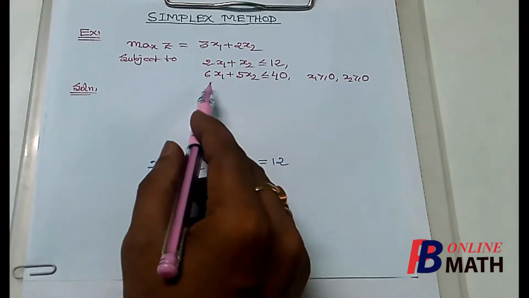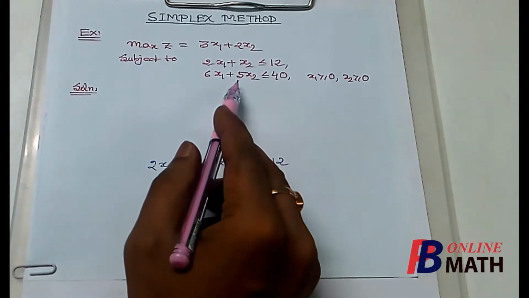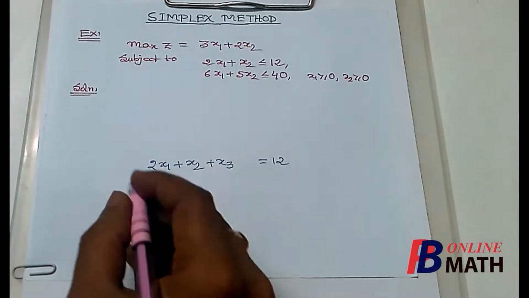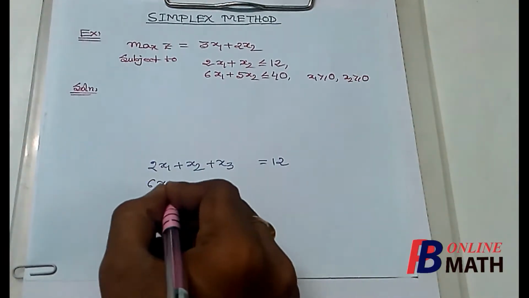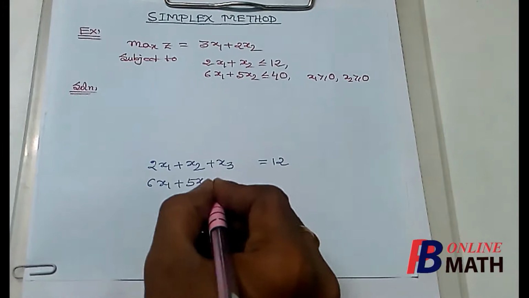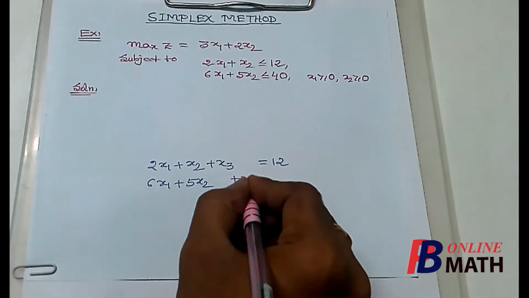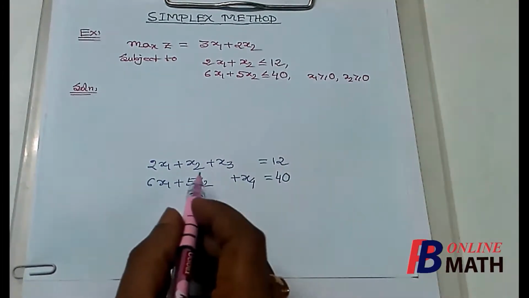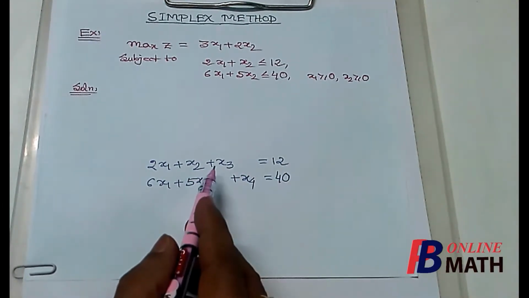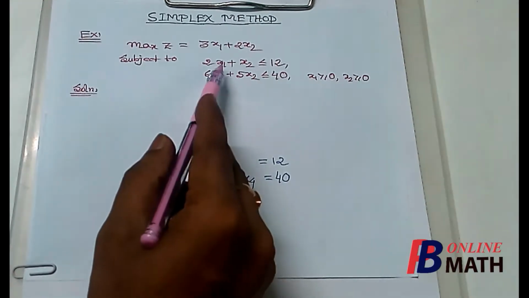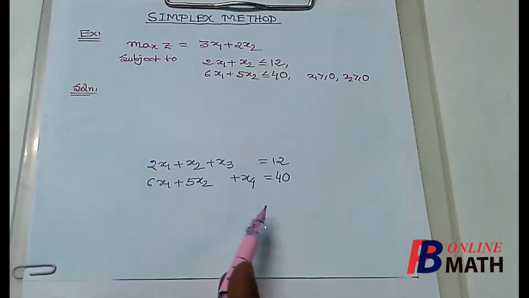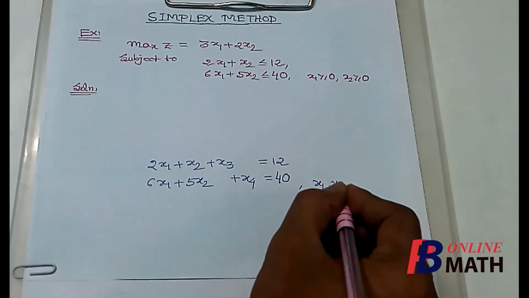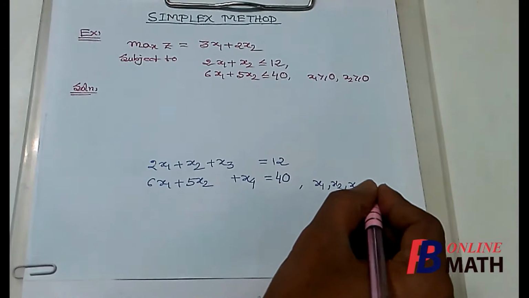In the second constraint we add one more slack variable on the left hand side, so we get 6x1 plus 5x2 plus x4, adding x4 as the slack variable, equal to 40. So after adding the two slack variables x3 and x4, these two inequalities become equations, where x1, x2, x3, x4 all must be non-negative.